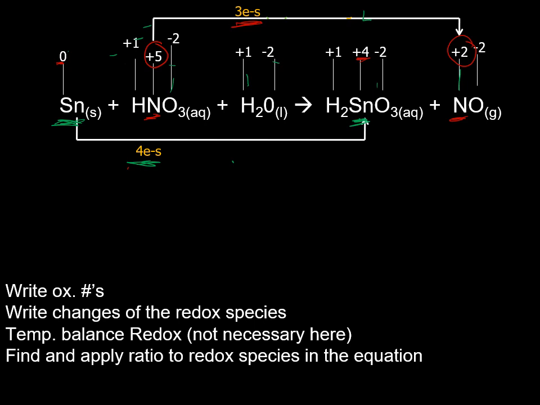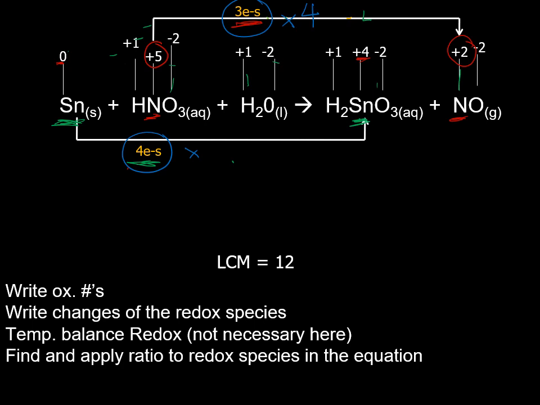Now we want to find and apply a ratio to these redox species so that the number of electrons being lost is the same as the electrons being gained. So we have 4 electrons being lost, we have 3 electrons being gained. Our lowest common multiple is going to be 12, so we have to apply a factor to those numbers of electrons to get them to equal 12.